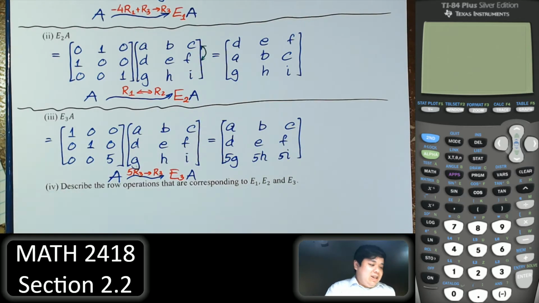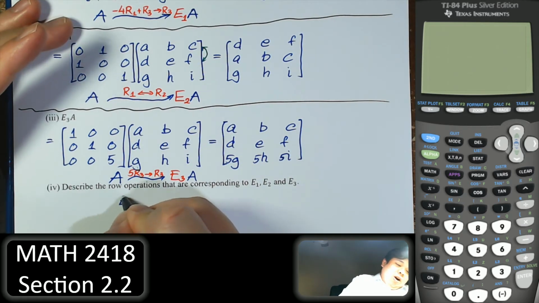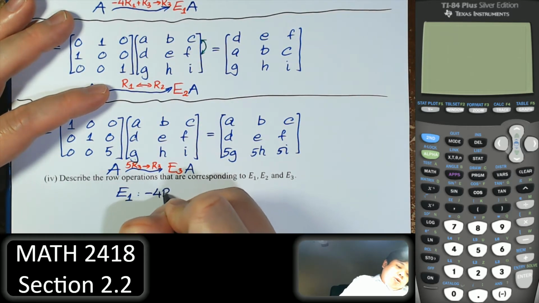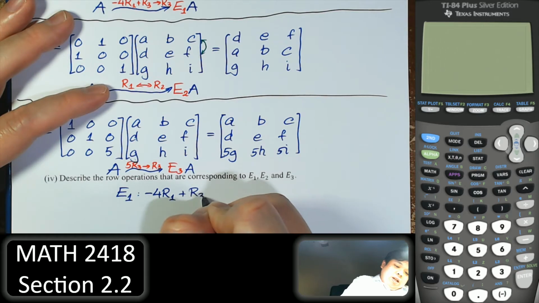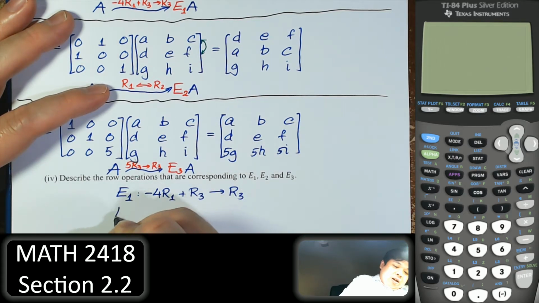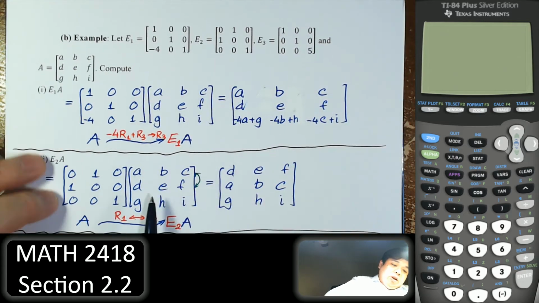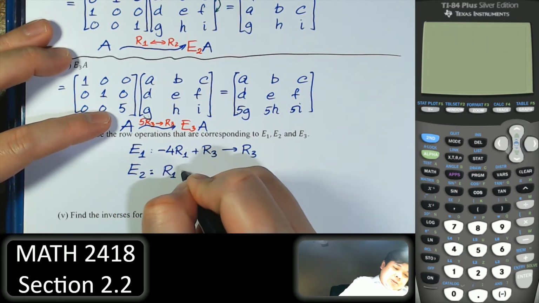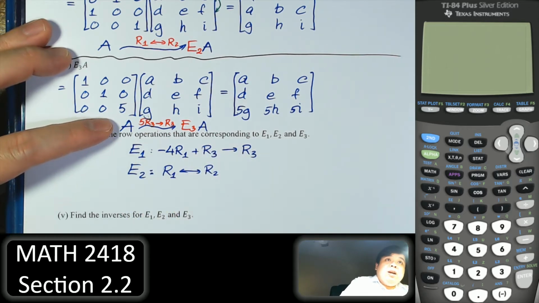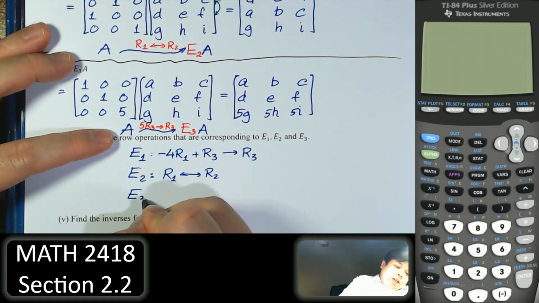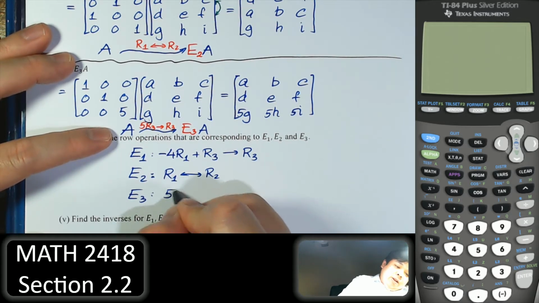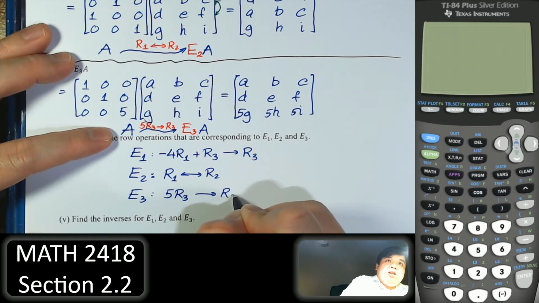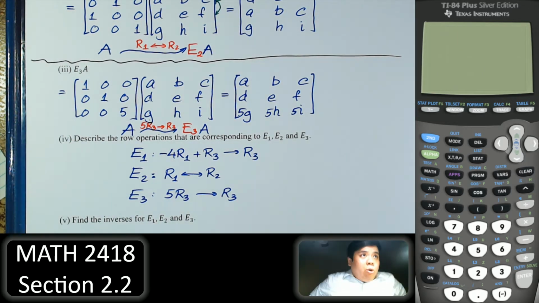Now describe this we already have. So E1 is negative 4 times row 1 plus row 3 into row 3. E2, swapping row 1 and 2. And E3 is 5 times row 3 replace into row 3. So those are the equivalent row operations.